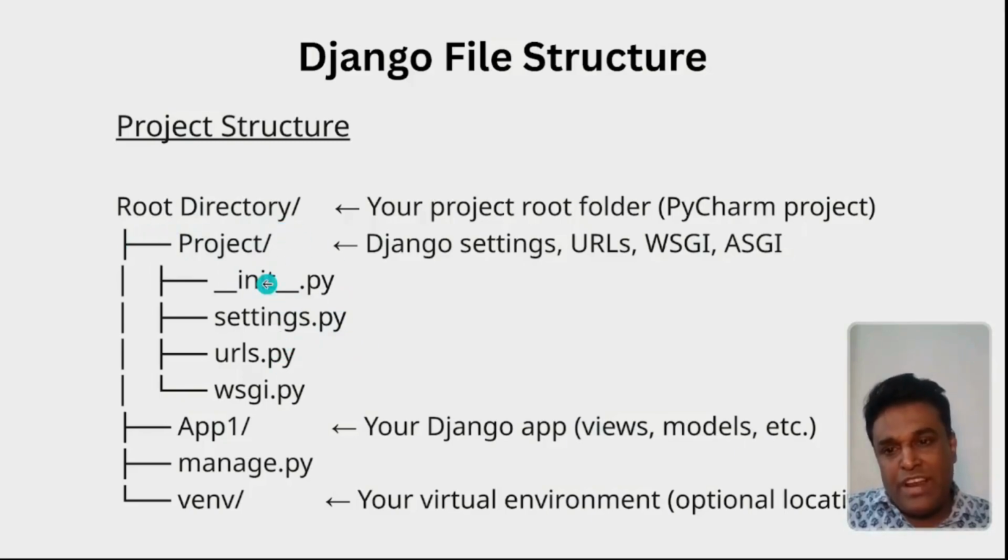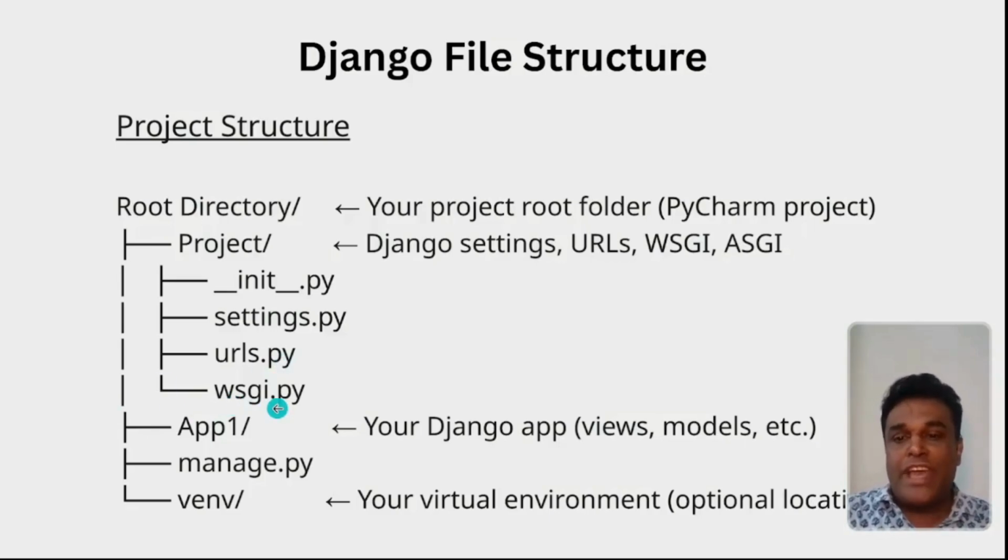And that project will have some files, like the init file, which is basically required to make this project folder a module. Understand that. And then there is a settings file, and URLs, that is uniform resource locator. All the websites we have in the form of URLs.